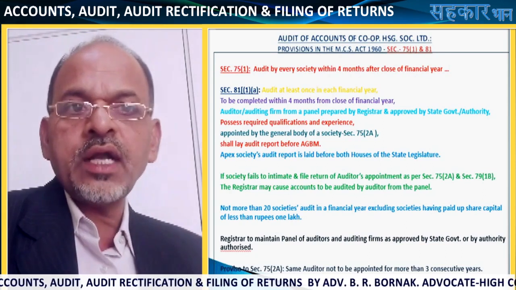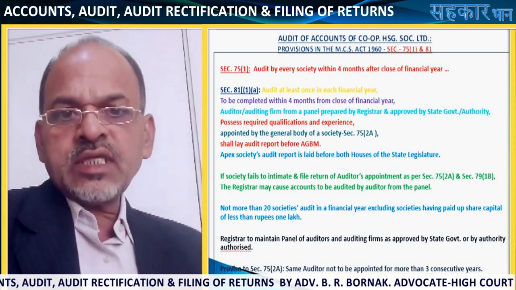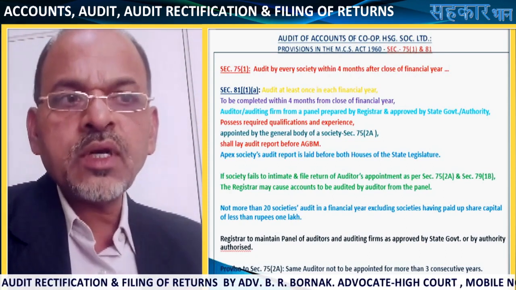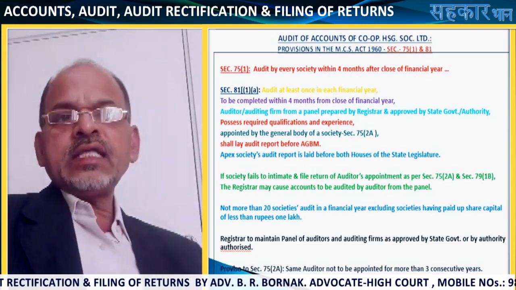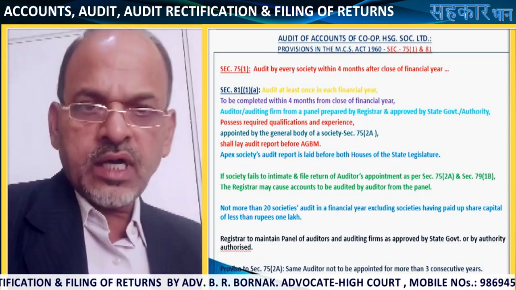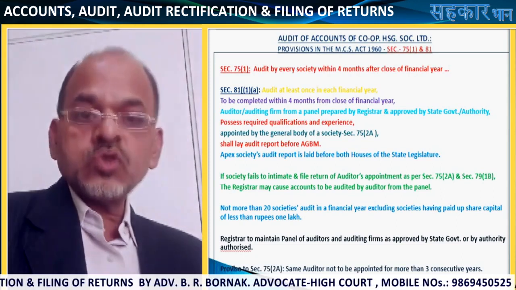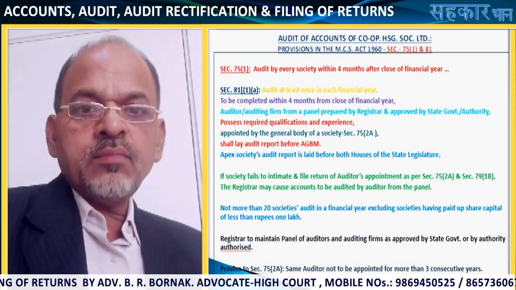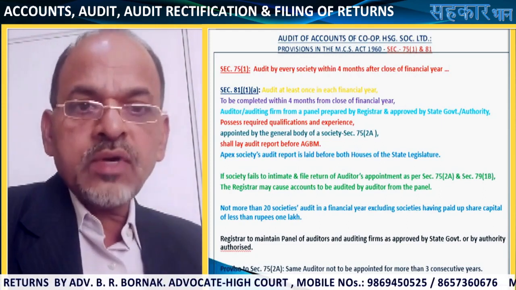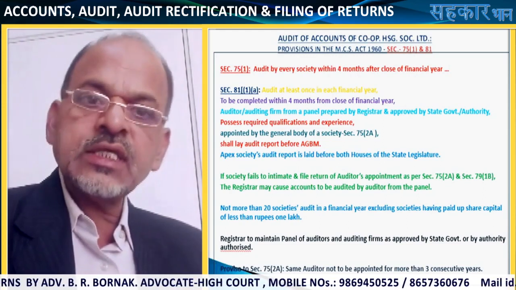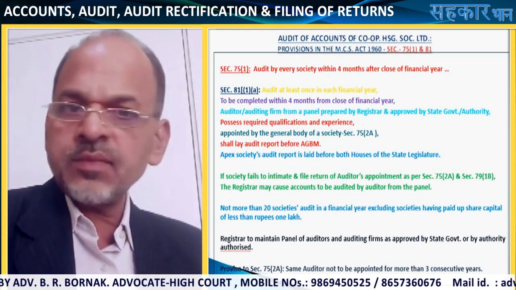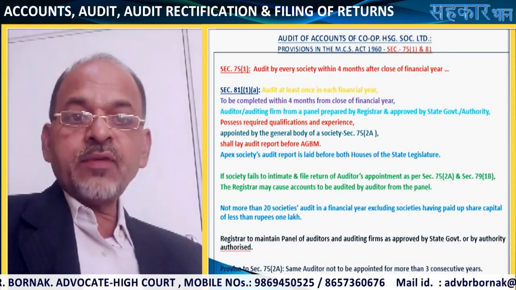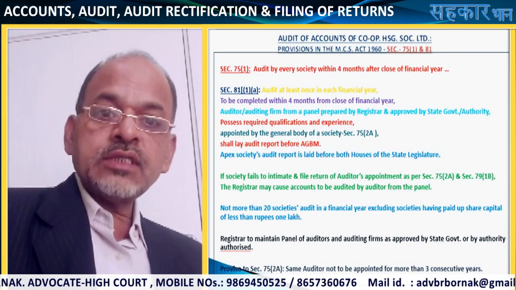That section provides for audit by every society within 4 months after close of financial year. As per section 75 subsection 1, it is the responsibility of the society to get its accounts audited by the statutory auditor within 4 months after close of the financial year, or cooperative year, that is from 1st April to 31st March, as we have seen earlier.